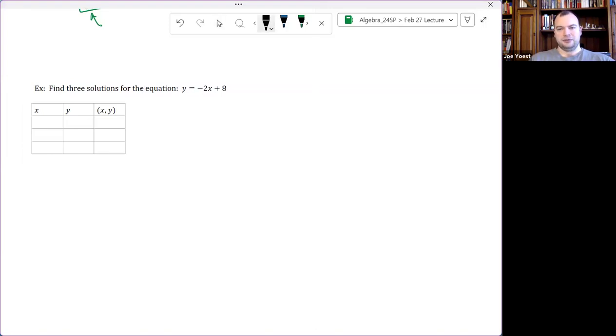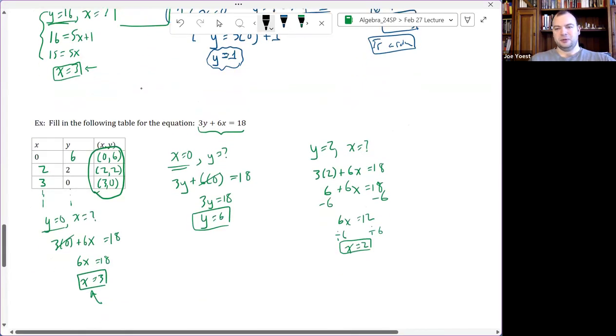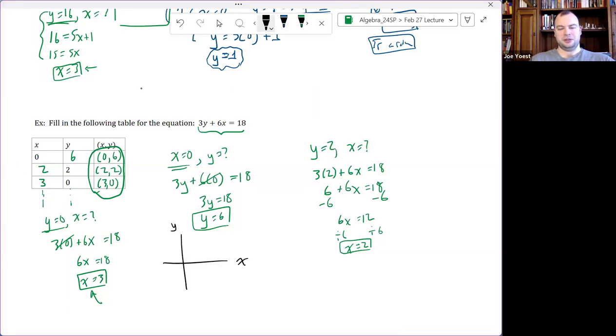Now, one thing, if we look ahead a little bit, if we think about where we eventually want to go with this, where I might eventually want to go with this is, say, plotting these solutions on a graph. Some solutions are easy to plot, some are a little harder to plot, some are really annoying to plot.